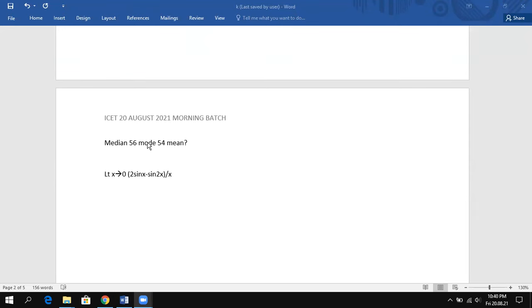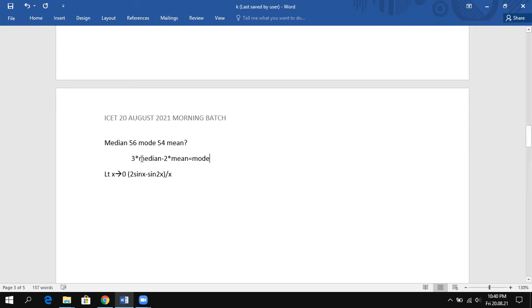Let me write the formula: 3 median minus 2 mean is equal to mode.